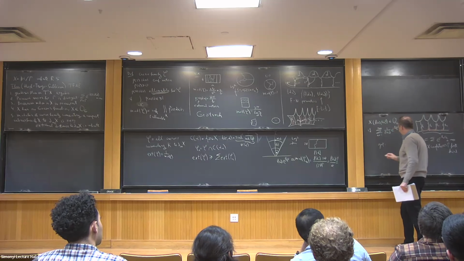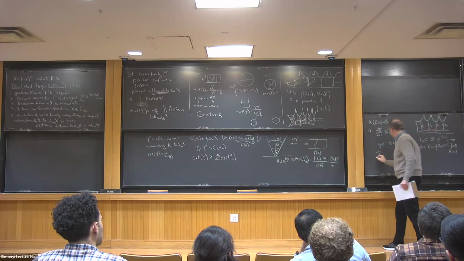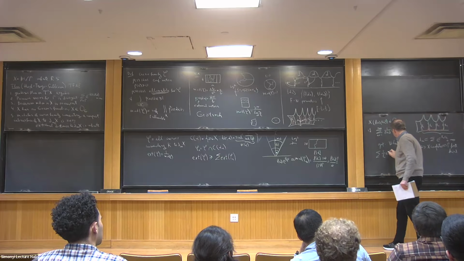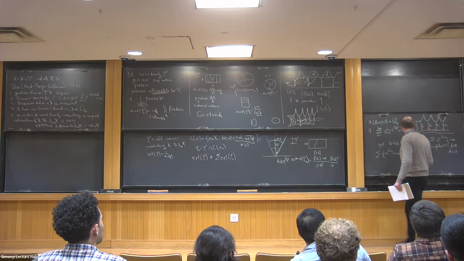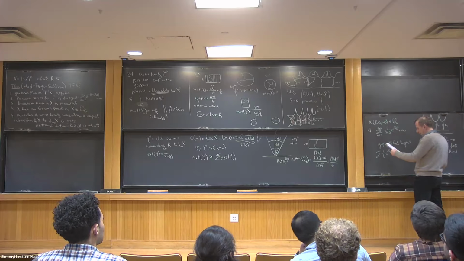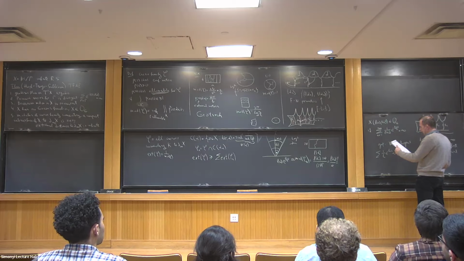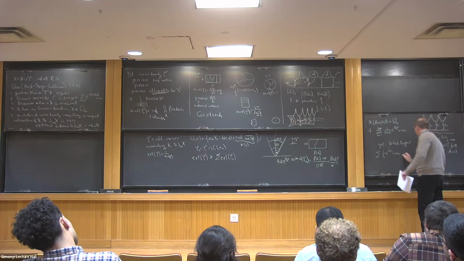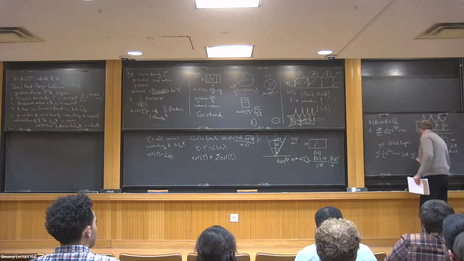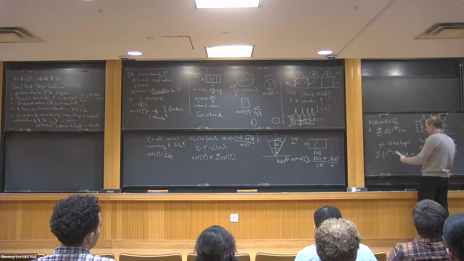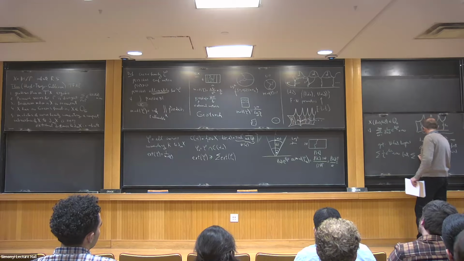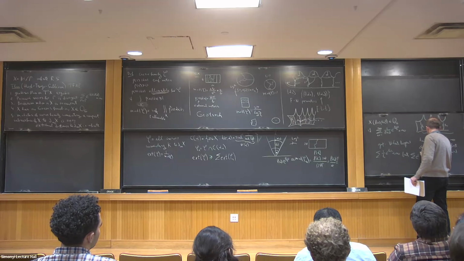And the gap is what happens if this sum of 1 over the length times e to the minus length over 2 is finite, but this other length is infinite.